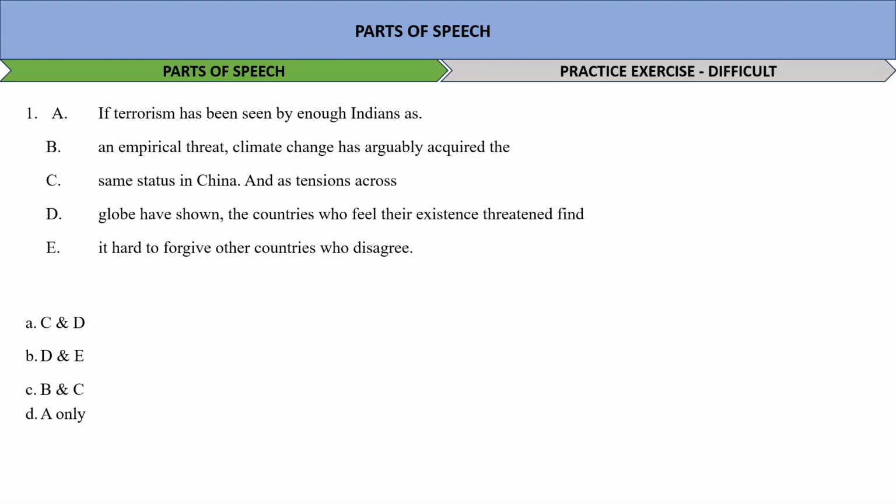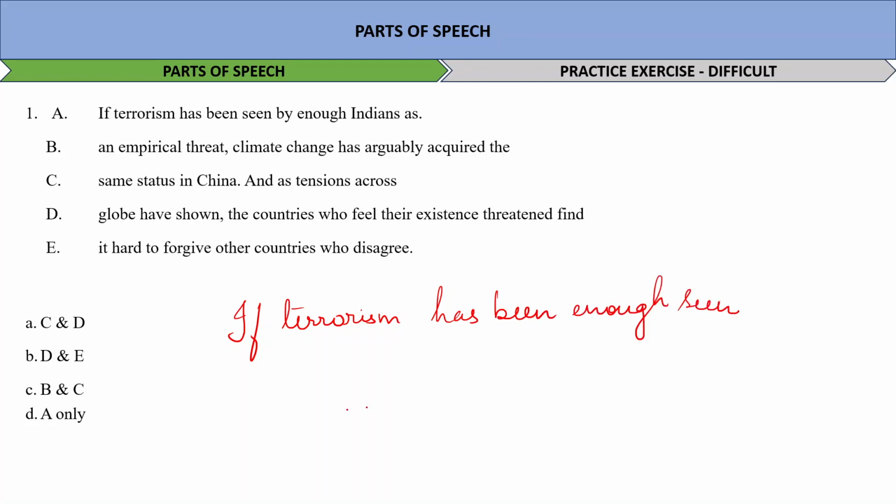Shouldn't I be using: if terrorism has been enough seen by Indians? Because the adjective enough is being used basically for the verb, right? Seen enough by Indians, has been enough by Indians, right?